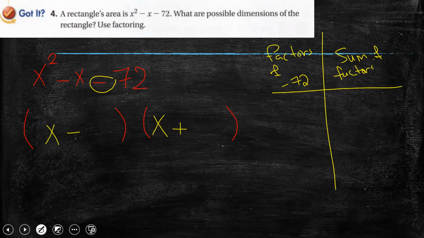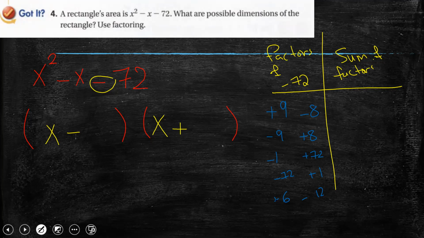Positive 9, negative 8. Negative 9, positive 8. Negative 1, positive 72. Negative 72. Positive 6, negative 12. Now, I will stop here because there's only 1 minute.